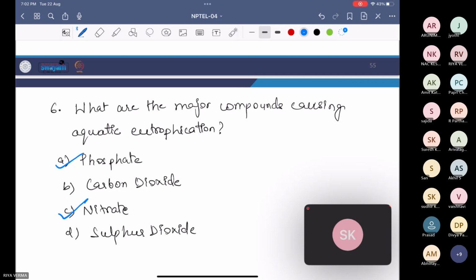Correct, correct. You have clearly defined the major cause of this eutrophication problem. Basically, whatever fertilizers we apply on the field, they tend to flow out with the runoff, and they start entering the nearby water bodies. And due to the increased concentration of plant nutrients, there is an increased biomass generation on the surface of the water, and due to this, the oxygen level in the water reduces. So this is the process of eutrophication, right?